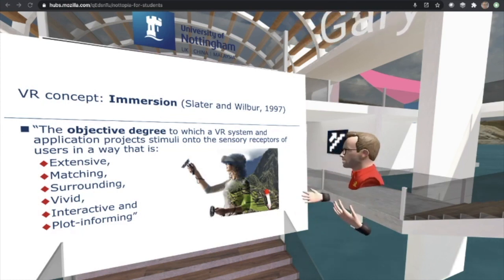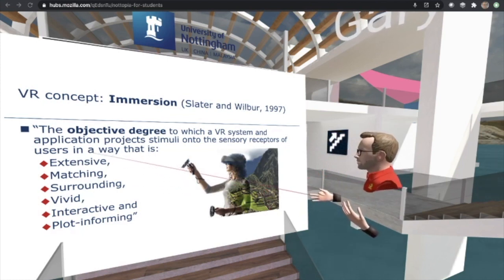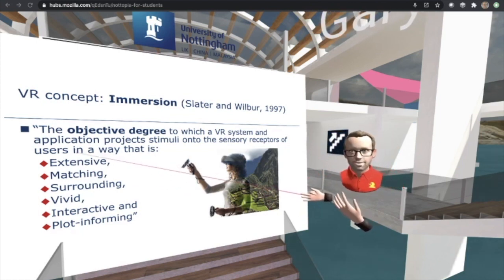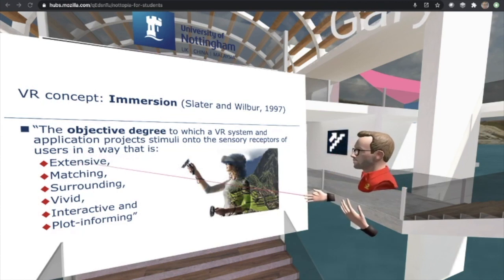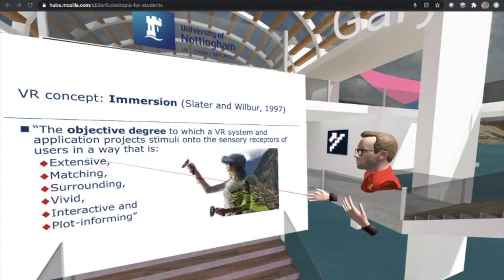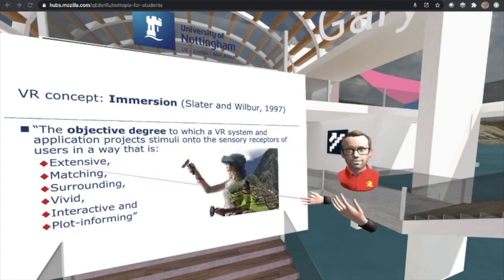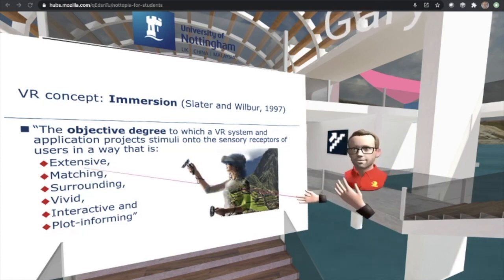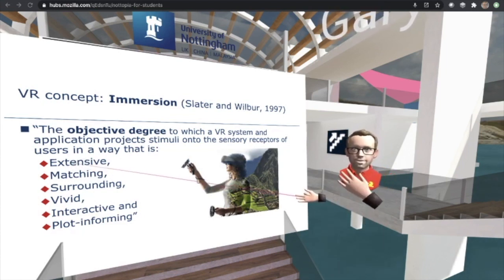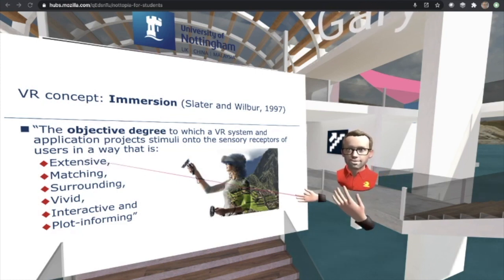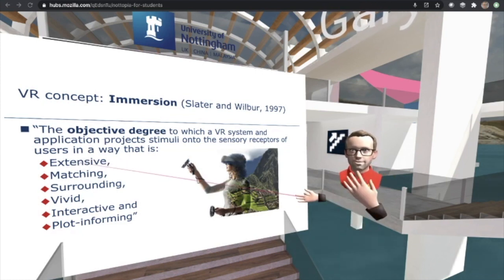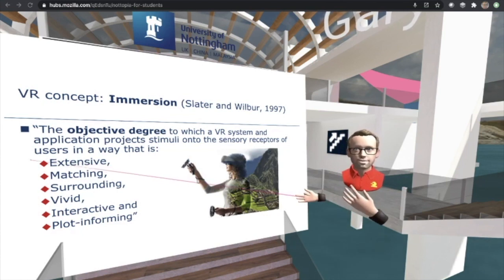And there are a number of different factors to immersion. Immersion is extensive, so it means it's across the different modalities: vision, the auditory modality, tactile, proprioceptive.